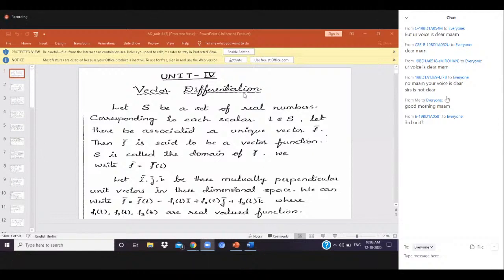Symbolically, with i bar, j bar, k bar as three mutually perpendicular unit vectors, f bar is represented as f1 of t i bar plus f2 of t j bar plus f3 of t k bar. This is the definition of a vector function.